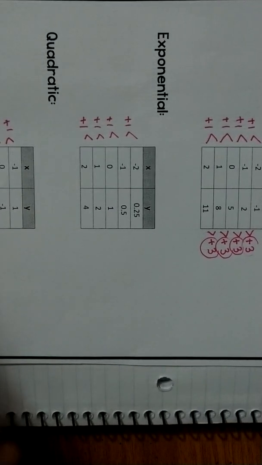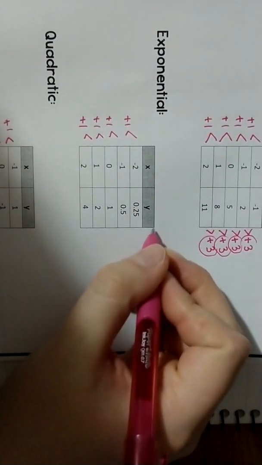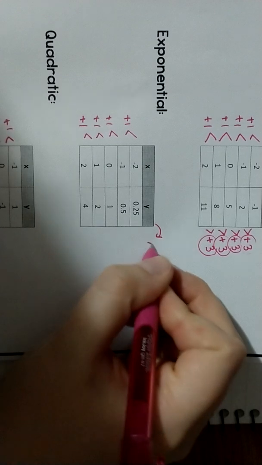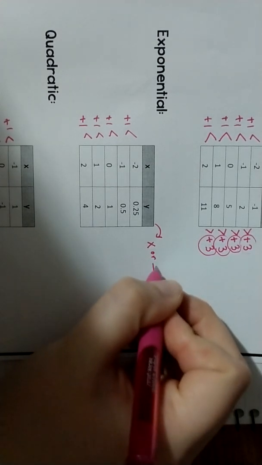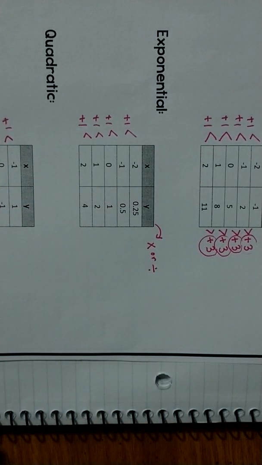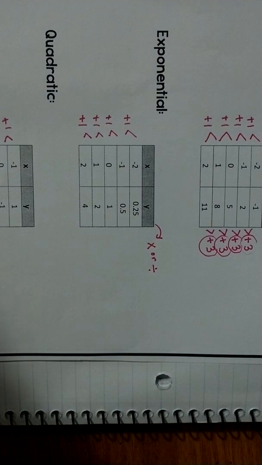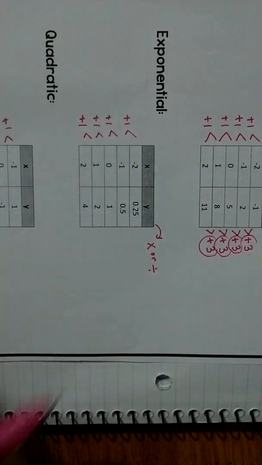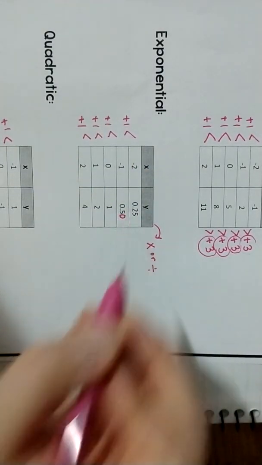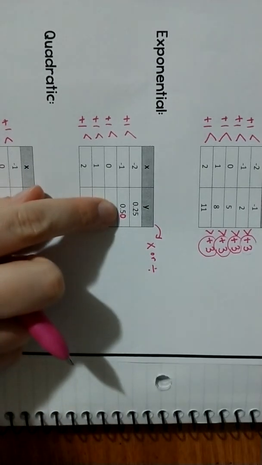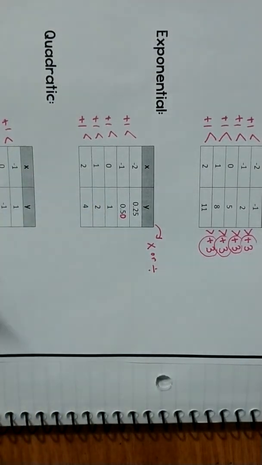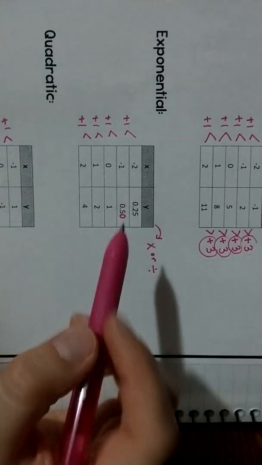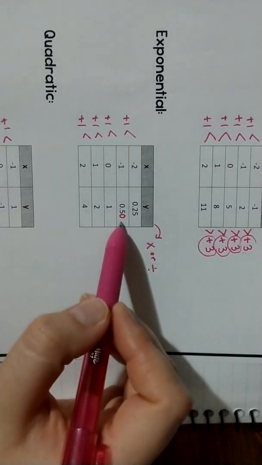Now, with exponential, the y pattern has to be multiplying or dividing each time, because it has a constant ratio. So if I'm looking at this, I know some of you freak out with decimals, but ignore that these are decimals and imagine that this was a 50. Because we can keep adding zeros behind a decimal point and it won't change the value. Think about what you have to do to 25 to get 50.